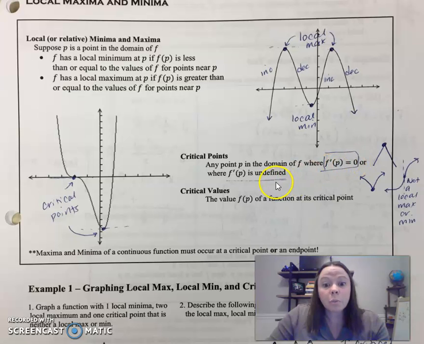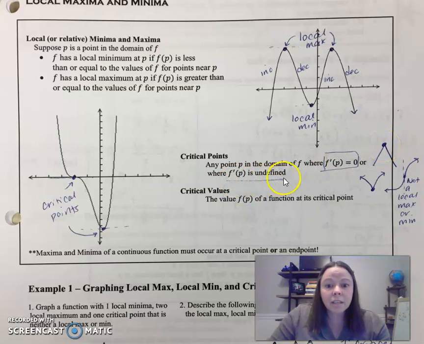Okay, but the slope of the tangent line, remember we talked about this in class, the slope coming in from the left is not the same as the slope coming in from the right. If you were standing at that point, you wouldn't be able to tell me if you are going forward or moving backwards. Are you increasing or decreasing? So it's not differentiable right there. The slope, the derivative does not exist, but that is a local max.